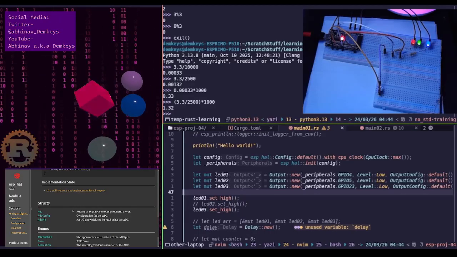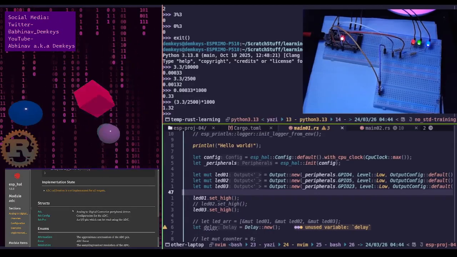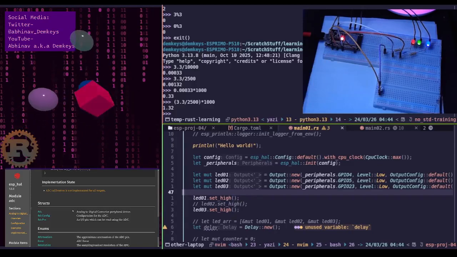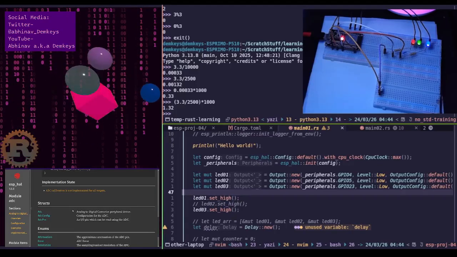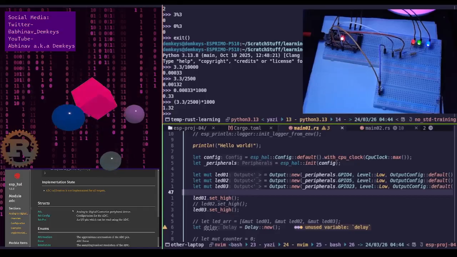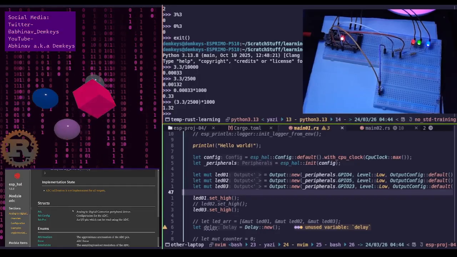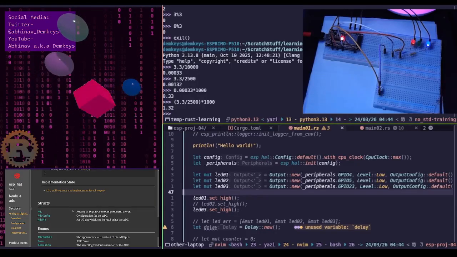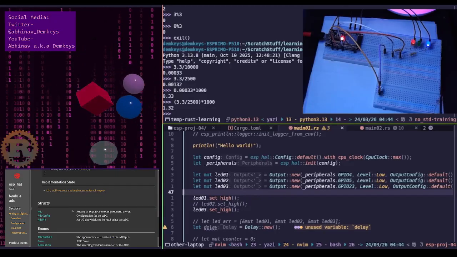Then level shifting. If you have a sensor that talks at 5 volts, but your ESP32 is 3.3 volts, a divider can step down the signal pulse so you don't fry the ESP32.